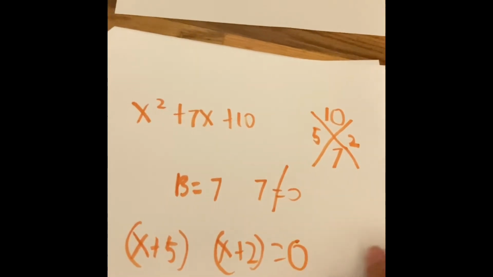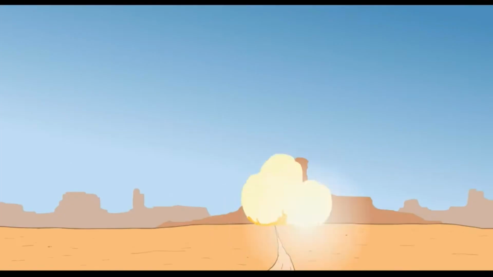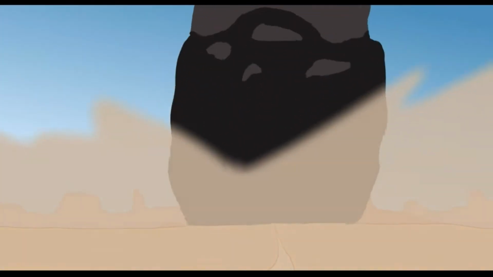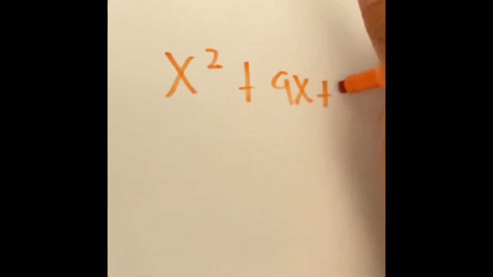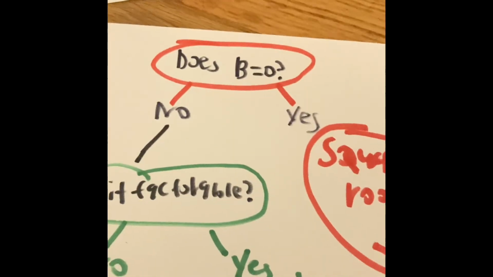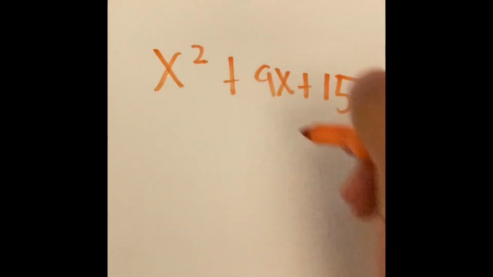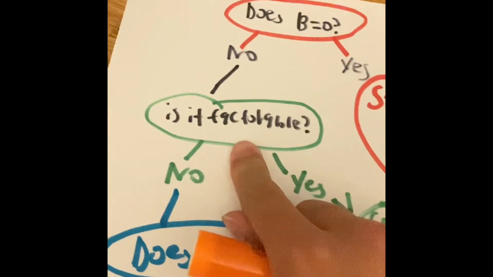Here is the last scenario. We have x squared plus 9x plus 15. Let's get started. Does b equal 0? b is 9 right here. So no. Is it factorable?